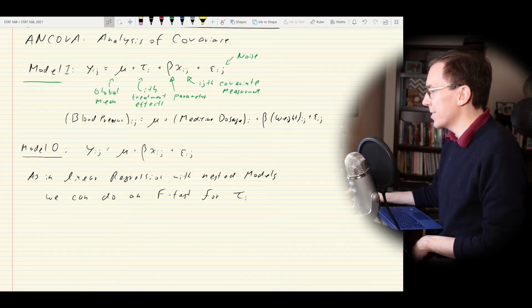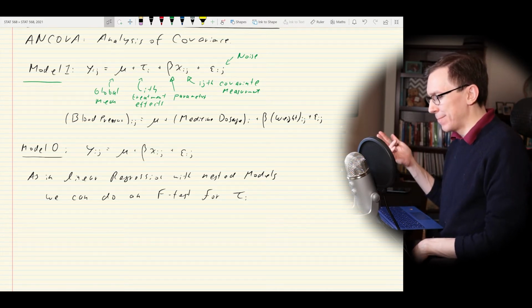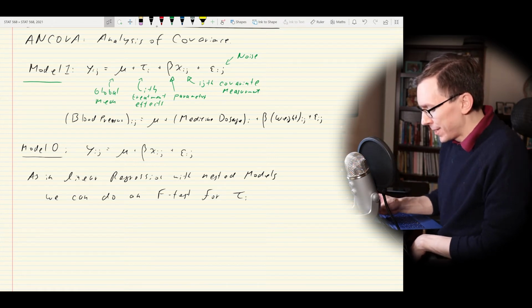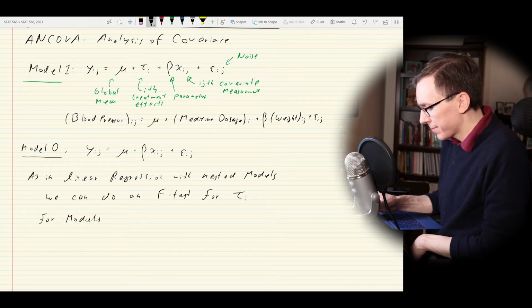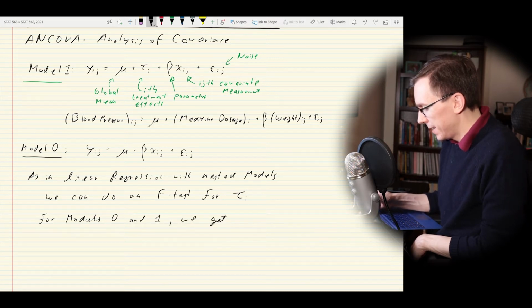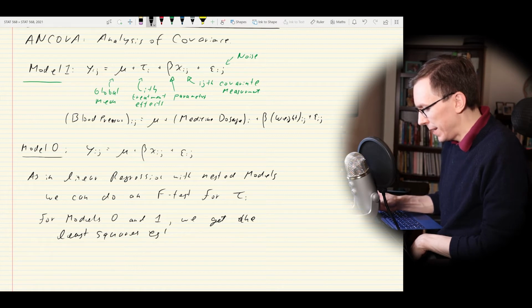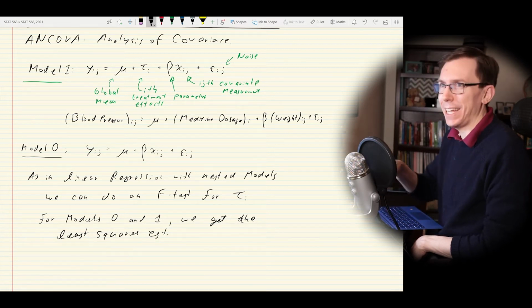Now, in this case, we don't quite get the nice setting as before, but what we can do is basically say for models 0 and 1, we get the least squares estimator, like you would in regression, your beta hat, say.